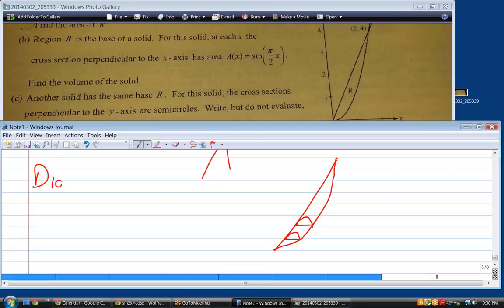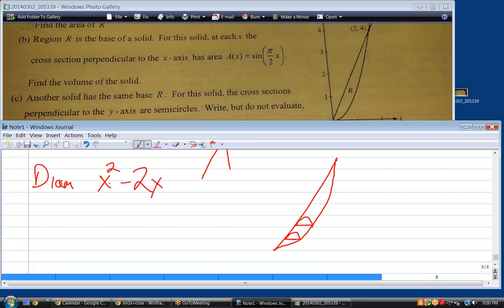So what's the diameter of each semicircle? It'd be right minus left. So what is the right? X squared? X squared minus 2x?